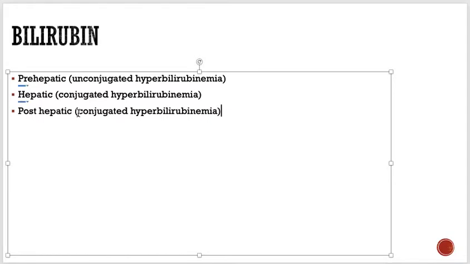Of course, their feces will become pale in this case, right? So this is how we go for that. So this is about bilirubin. That's why we look at conjugated and unconjugated bilirubin to differentiate between prehepatic, hepatic or post-hepatic causes, and we correlate this clinically with the signs and symptoms.